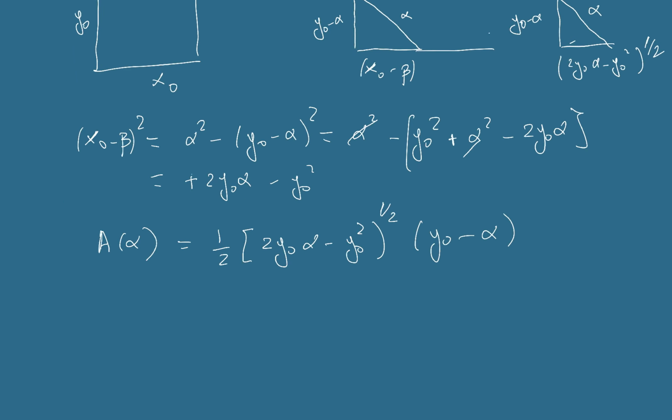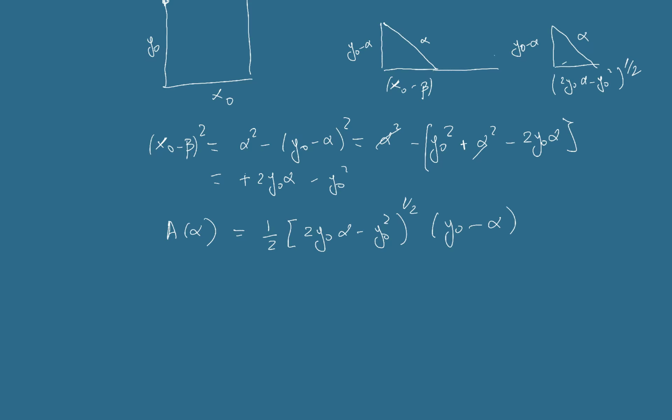Now the challenge is, if I take the derivative of A with respect to alpha, so I vary alpha and look for the minimum value of alpha, I need to put the derivative of A with respect to alpha equal to 0.